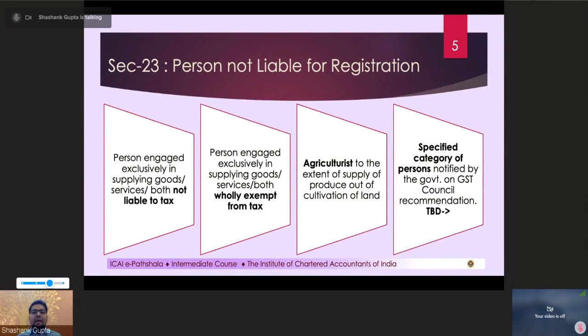The persons who are not liable to obtain registration under GST are persons engaged exclusively in supplying goods or services not liable to tax, or wholly exempt from tax, or an agriculturist, or any other specified category which may be notified by the government.